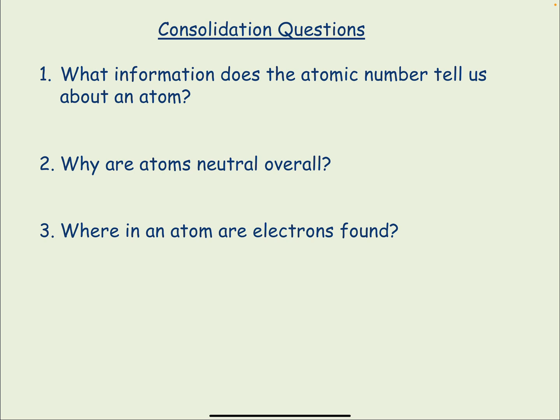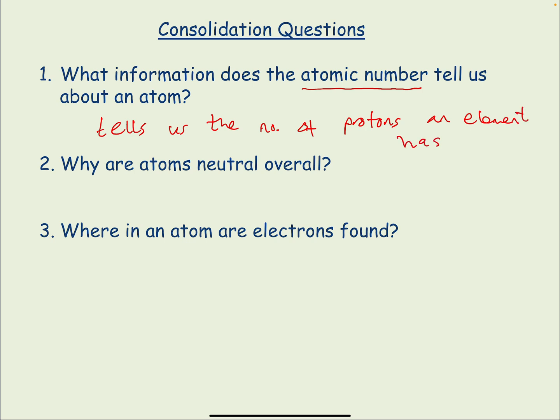Go over some consolidation questions here. Again, pause the video and have a go at these. Right, how did you get on with these? What information does the atomic number tell us about an atom? It tells us the number of protons an element has.